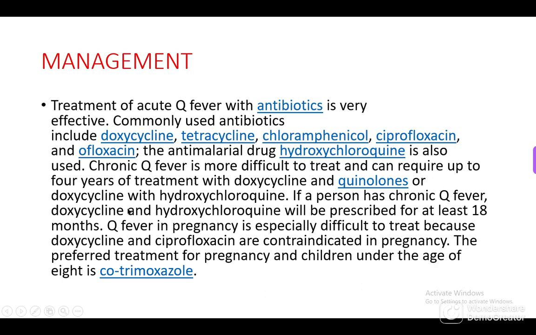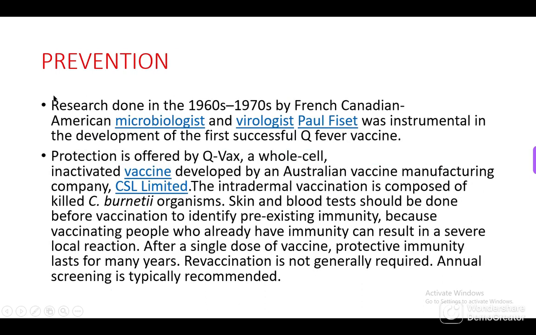What is important is the prevention. In the 60s and 70s, a Canadian American microbiologist and virologist, Paul Fiset, was instrumental in the development of the first successful Q fever vaccine. It is called Q-Vax, a whole cell inactivated vaccine developed by an Australian vaccine manufacturing company, CSL Limited.